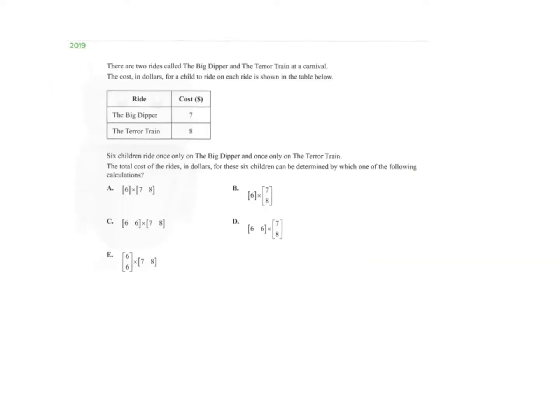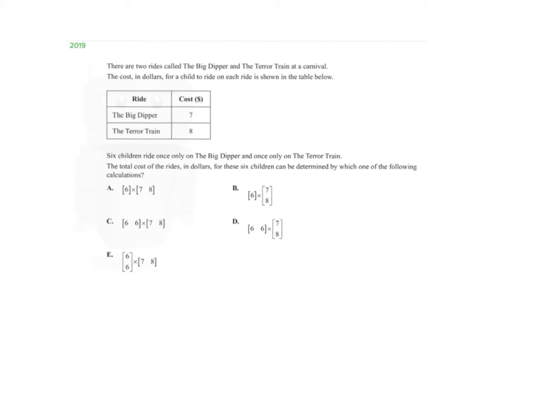Okay, there are 2 rides called the Big Dipper and the Terror Train at a carnival. The cost in dollars for a child to ride each ride is shown in the table below. So 6 children ride once only on the Big Dipper and once only on the Terror Train. Now, the total cost of the rides in dollars for these 6 children can be determined by the following calculation.